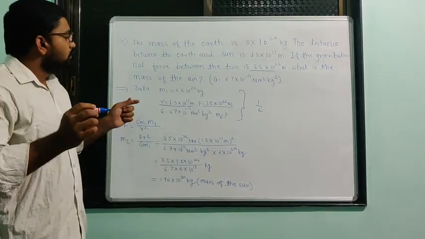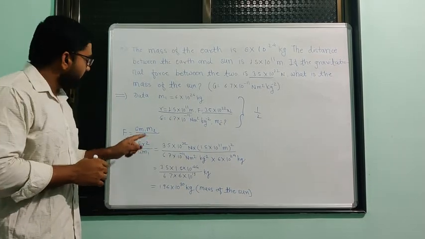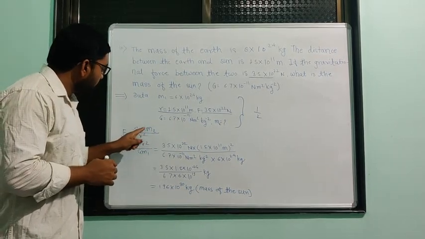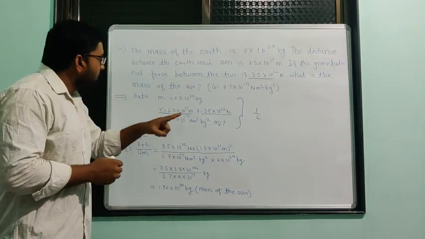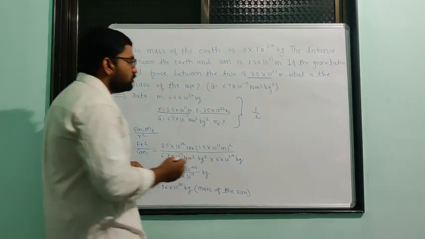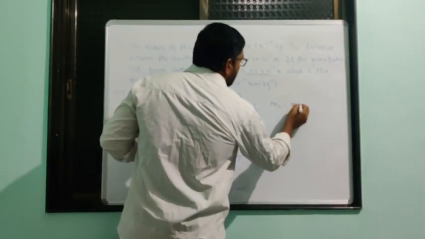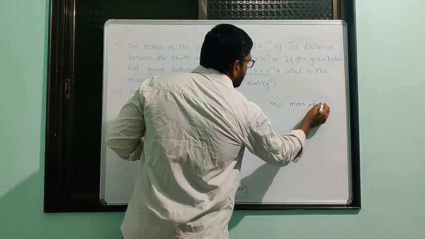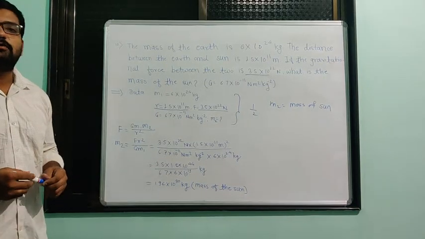We know the formula of gravitational force is F equal to G m1 m2 divided by r square. Here m1 is the mass of earth, so m2 will be the mass of the sun.